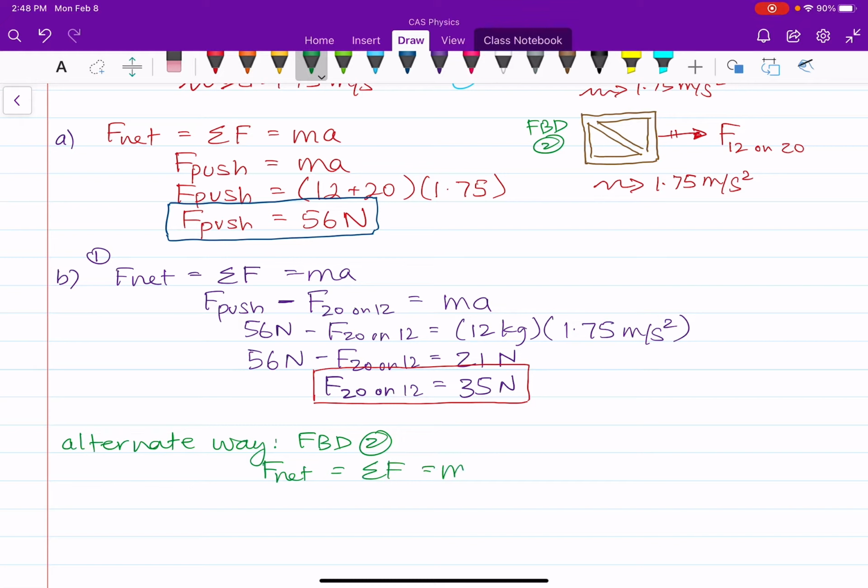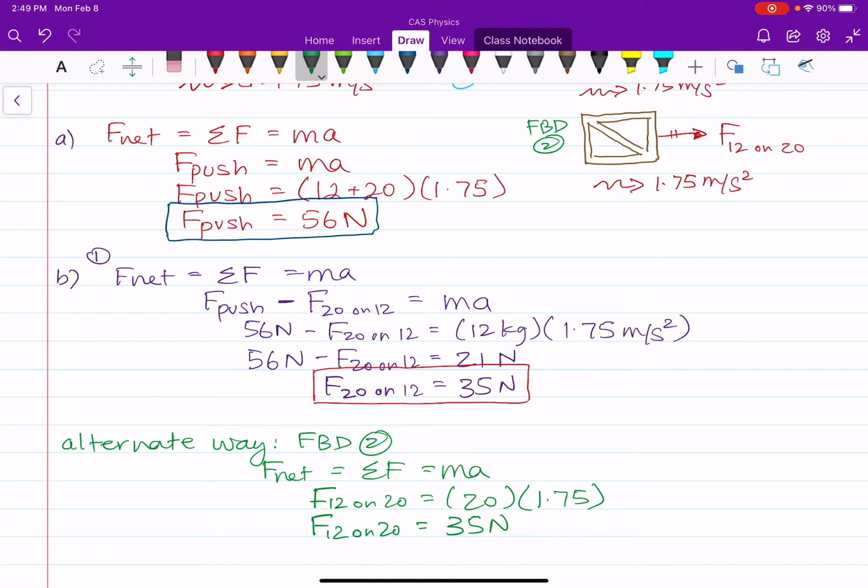Now the sum of the forces here is just the force of 12 on 20, and that equals M, which in this case is 20, because that's the free body diagram I'm looking at, times 1.75. And 20 times 1.75 is equal to 35 newtons. Same answer. Force of 12 on 20 is 35 newtons.